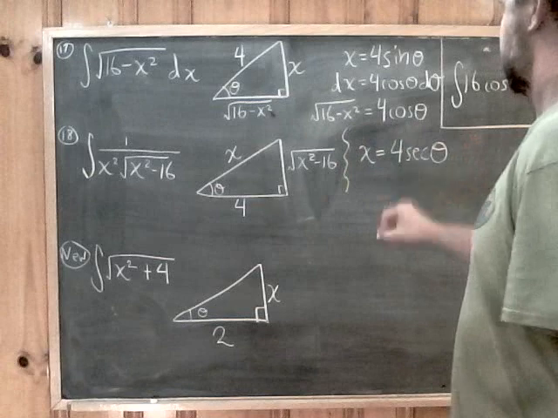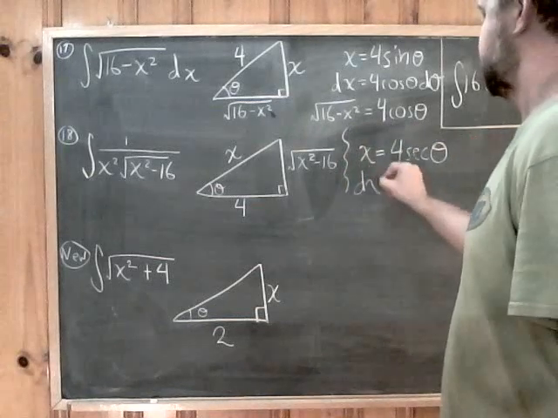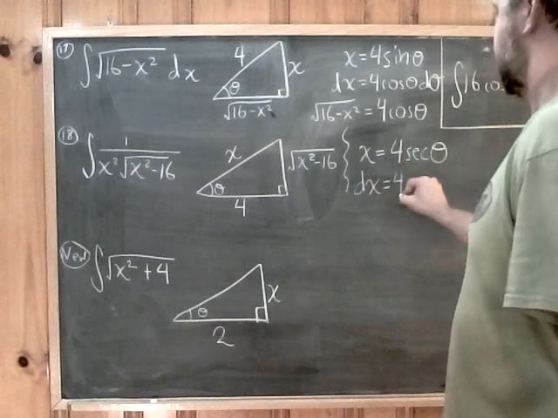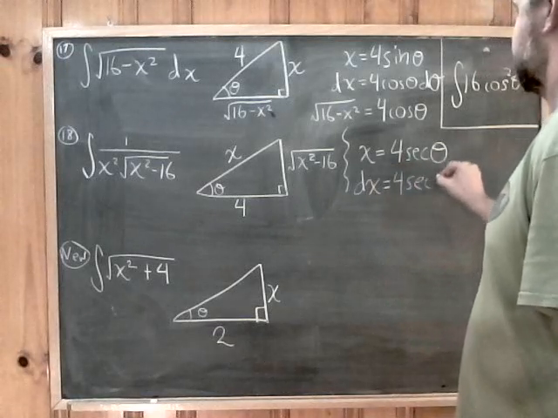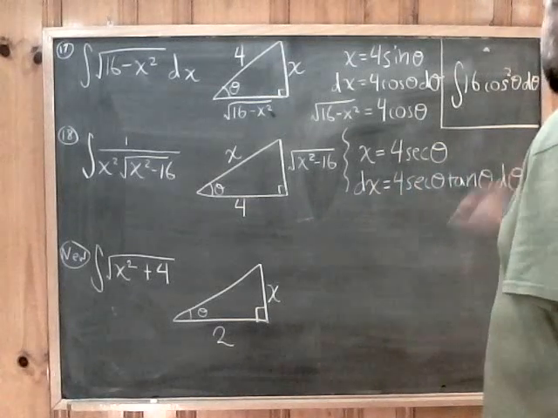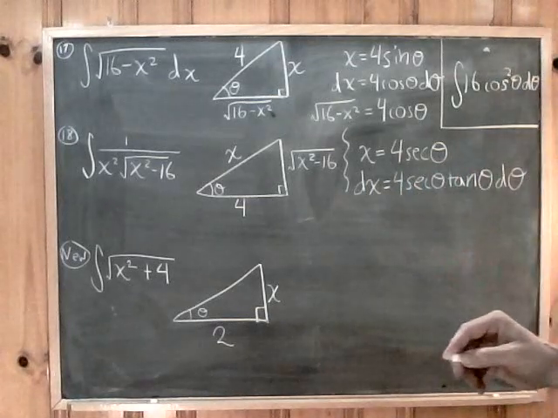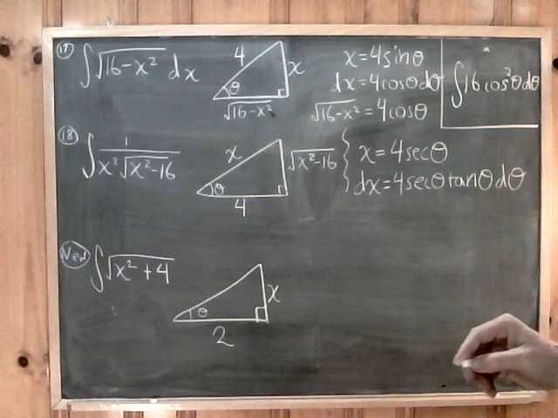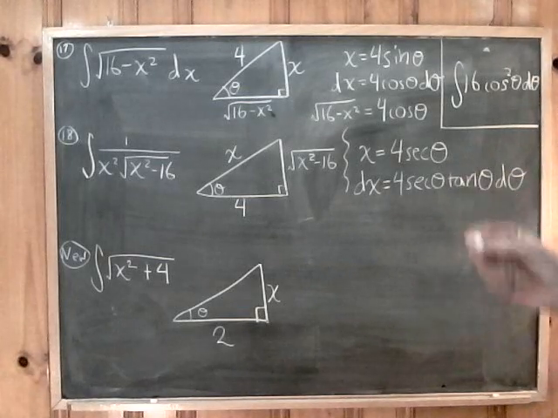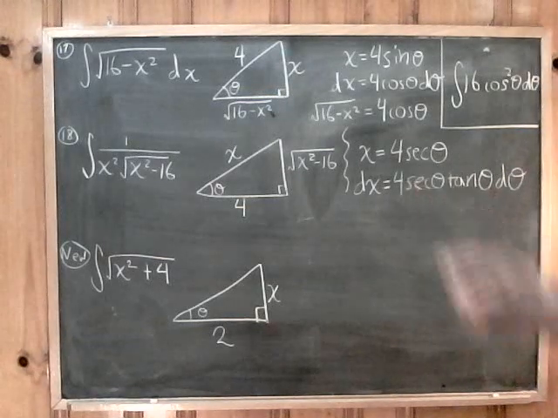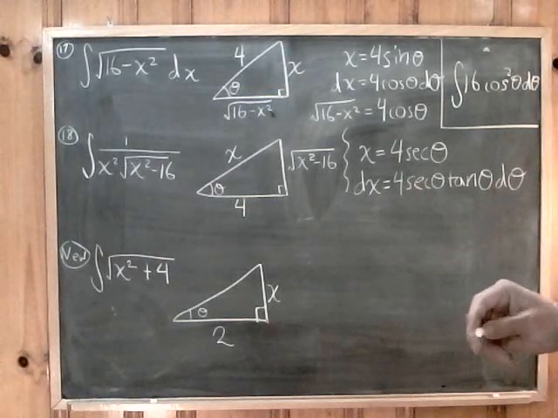And then dx is equal to 4 secant theta tangent theta d theta. And I have that square root of x squared minus 16 divided by 4 is equal to the tangent theta.